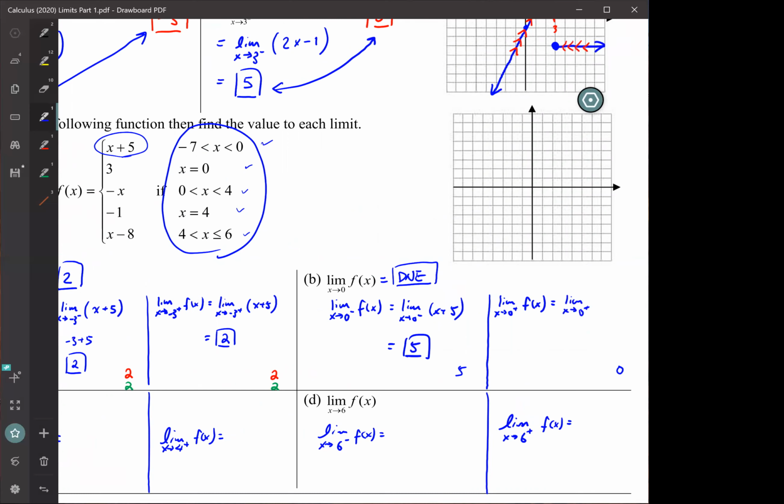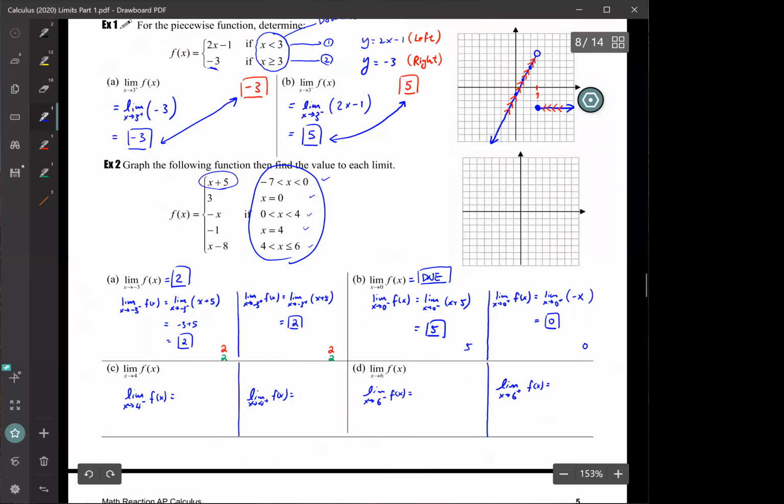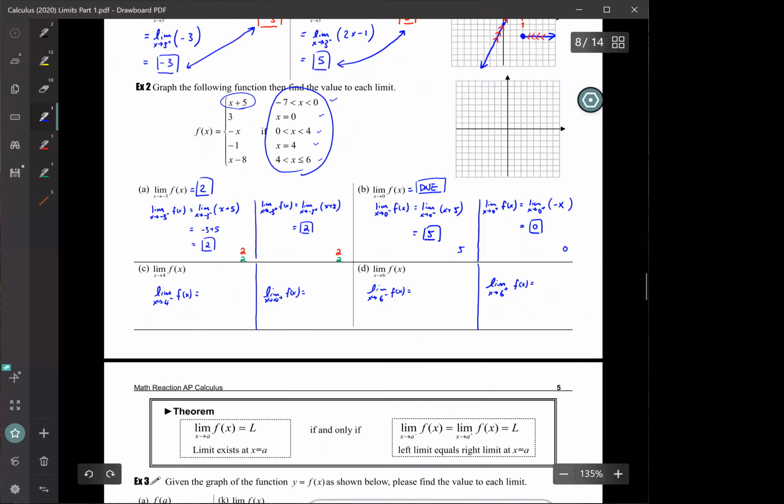John, for the right-hand side, which piece would you pick? I picked the one in between 0 and 4, so negative x. Yeah, very good. And then you plug in 0, you get 0. So they don't equal, so your final answer should be DNE.